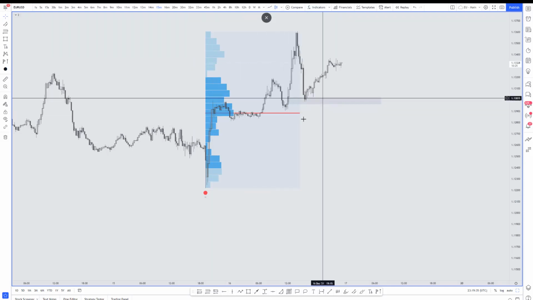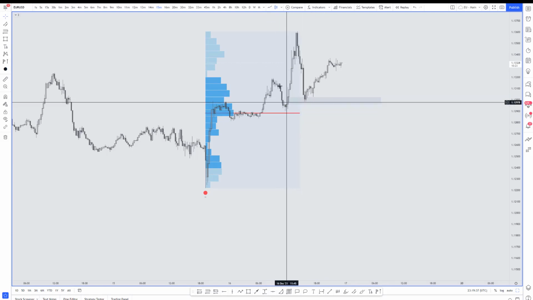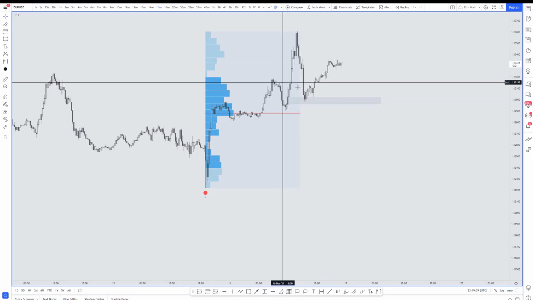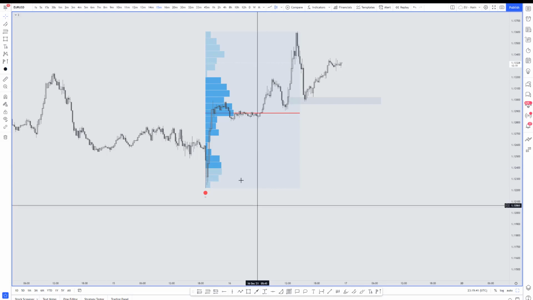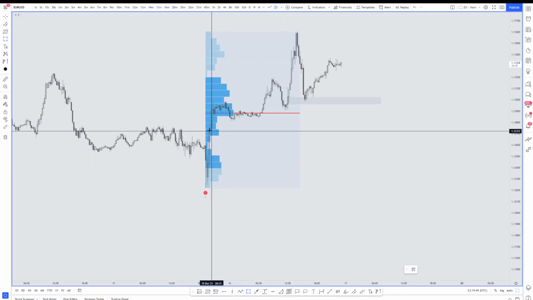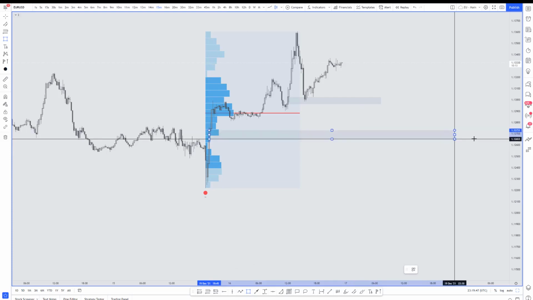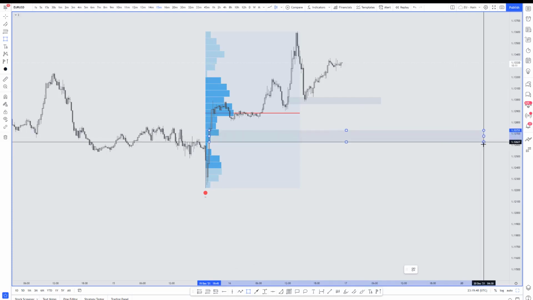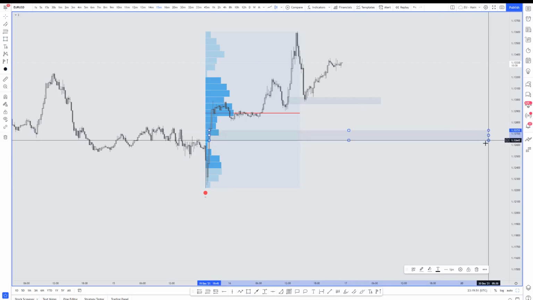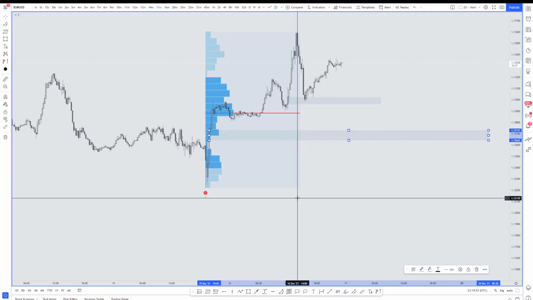The POI that stands out to me is this area right here because it's the flip zone. The next area that would stand out to me is likely this wick. Why? Because it's got all this inducement below it. It puts us back into discount. Whether or not it gets tapped, another whole story.